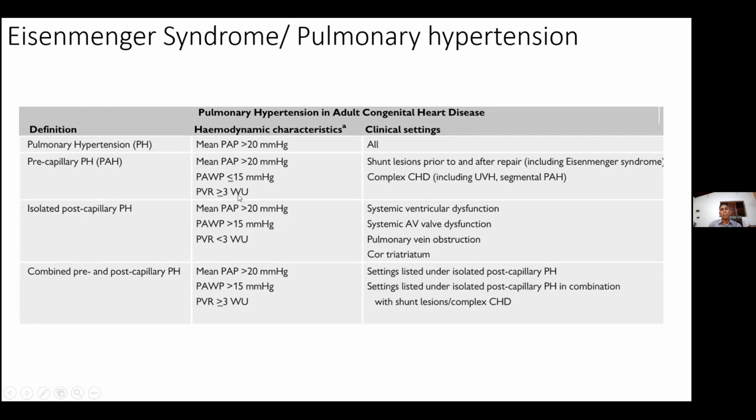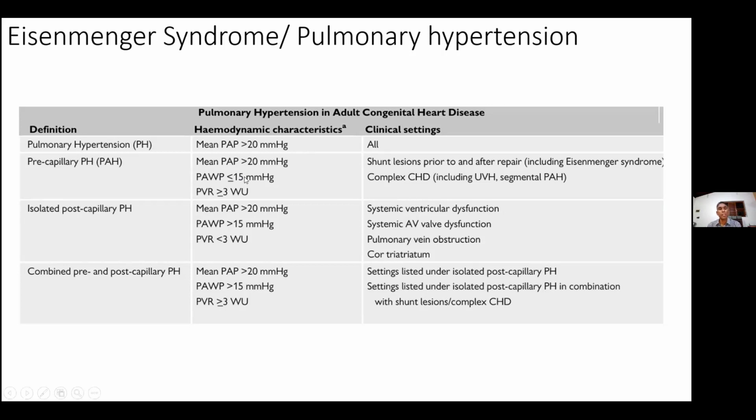If you see the mean pressures are more than 20, by looking at the PA pressure we don't know whether it's pre or post, but you can work it out depending on the lesions. But if the wedge pressure is less than 15, then it is pre-capillary, more than 15 post-capillary.